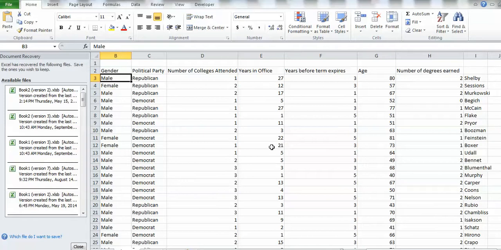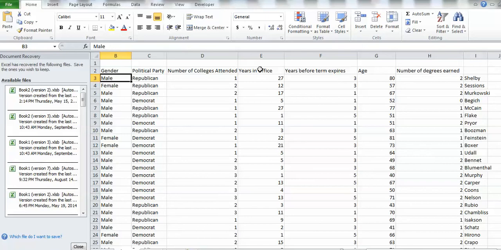And we might have another question. We might wonder, do senators who have been to more colleges tend to have more degrees? So as the number of colleges attended goes up, do the number of degrees earned go up along with it?